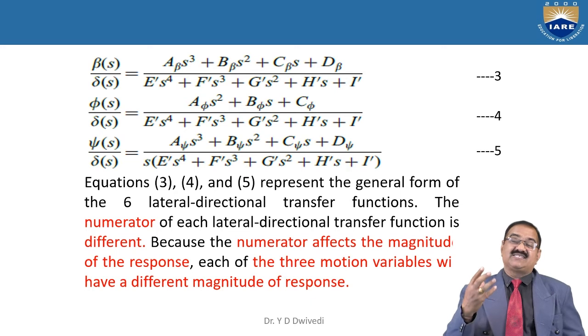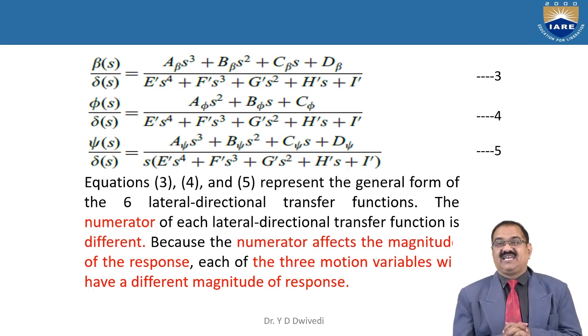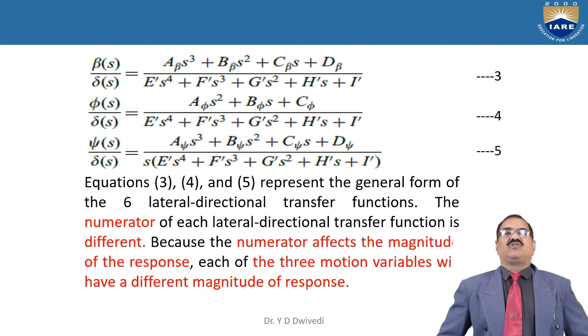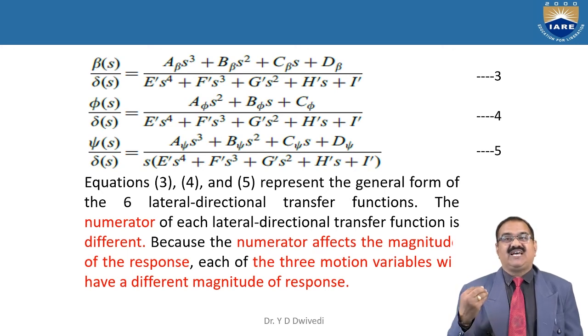So this numerator is the important parameter which affects the aircraft response. Each of the 3 motion variables, these are the beta, phi and psi, will have a different magnitude of the response. All will not be the same response.